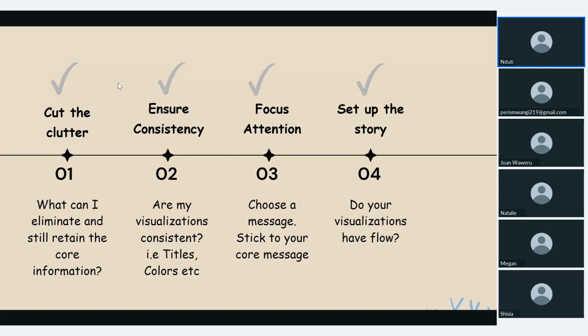So one, what can I eliminate from this visualization that still retains the key information that I want to put out? So what can I eliminate and still retain the core information? And what am I doing in this step one? I am cutting the clutter. And why am I cutting the clutter? Because clutter introduces something we call visual fatigue.